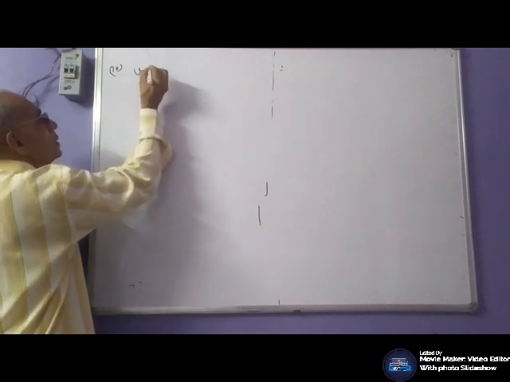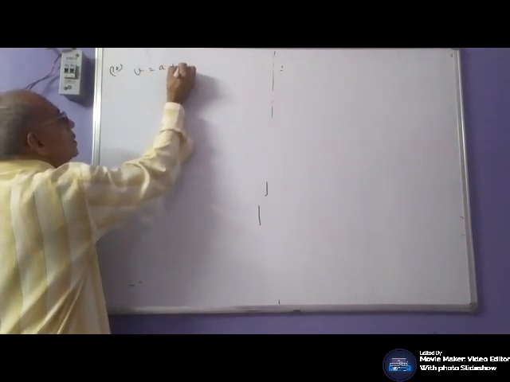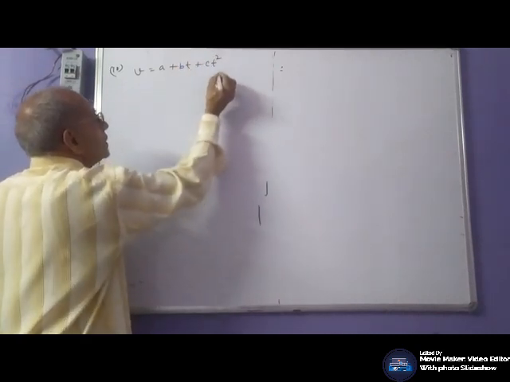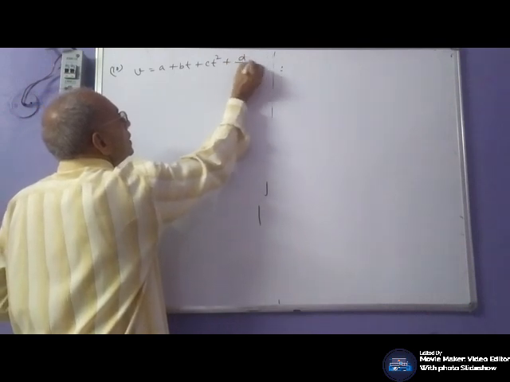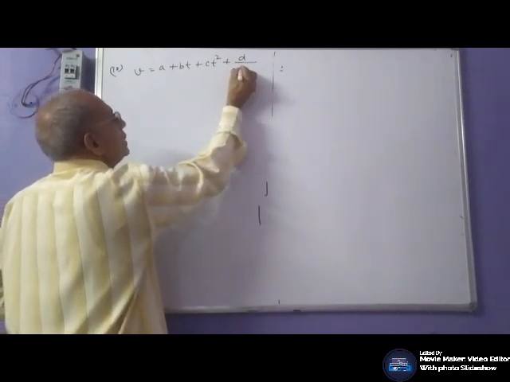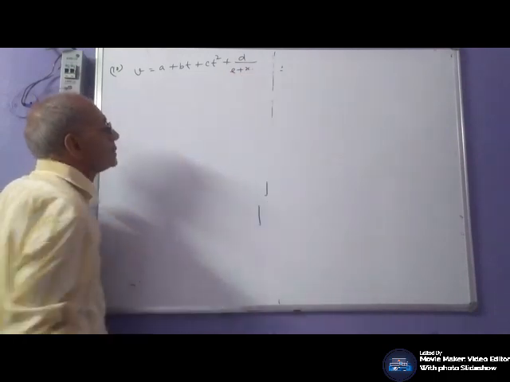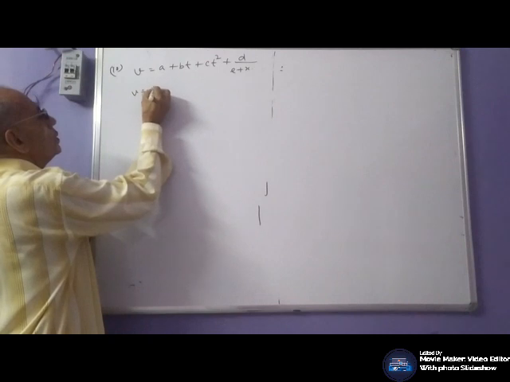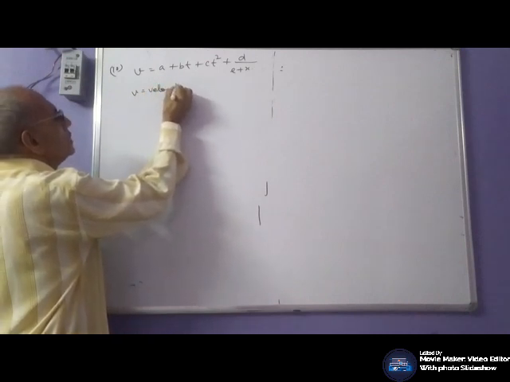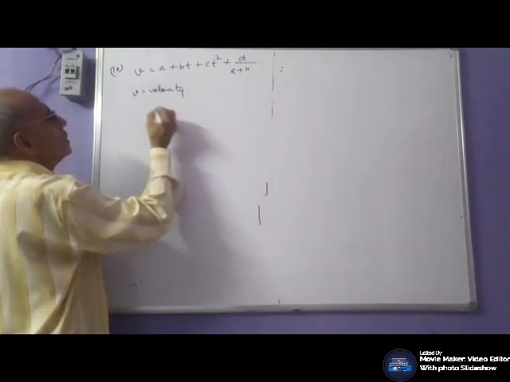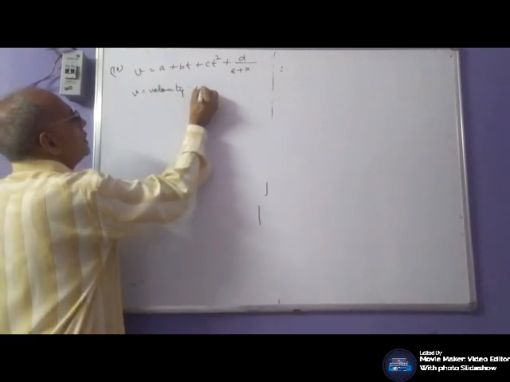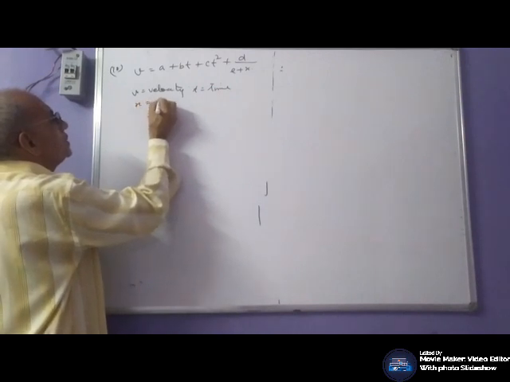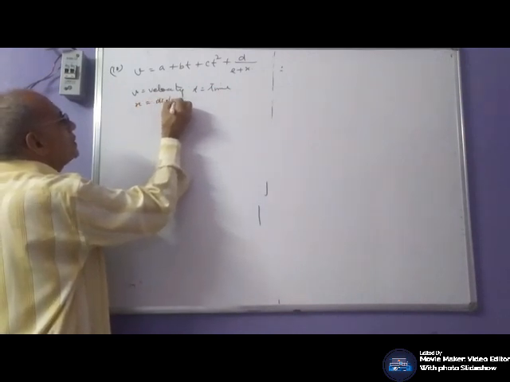V is A plus Bt plus Ct square plus D over E plus x, where V is velocity, t is time, and x is distance.